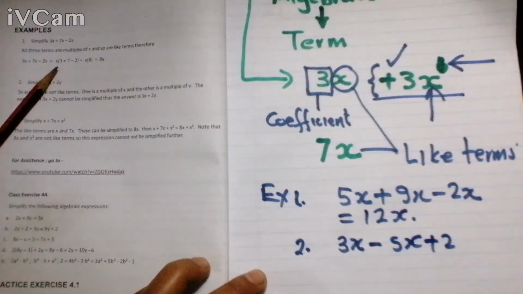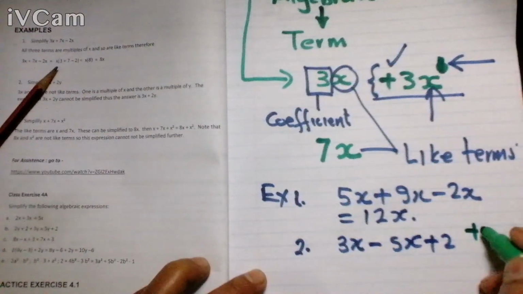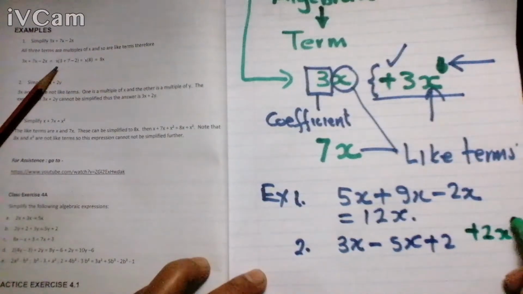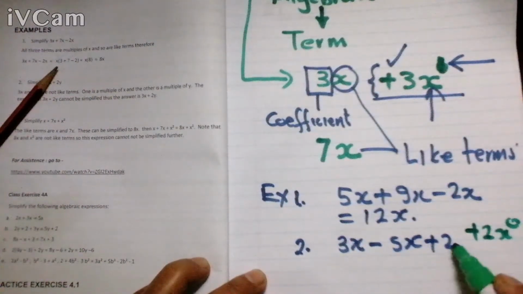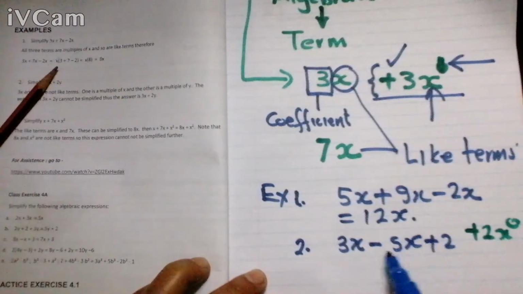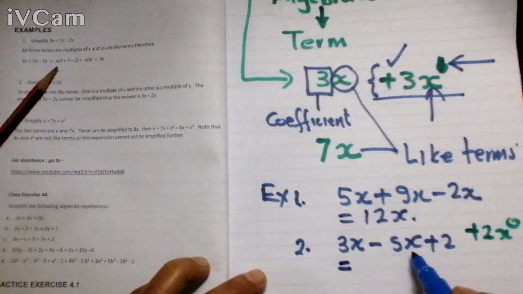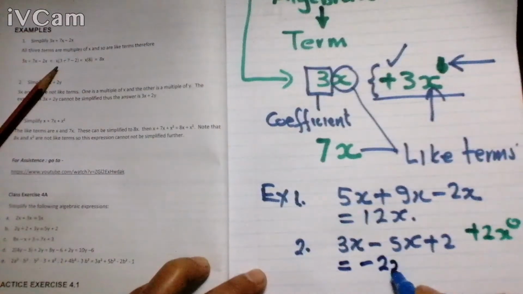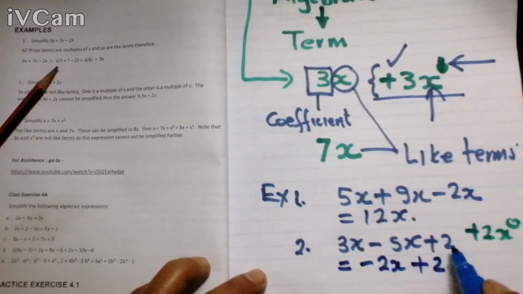In the form of a term, that is really plus 2x to the power naught, because x to the power naught will give you 1. That's how you get your 2. So these are like terms, but this is not like these terms. Therefore, here, if you have to simplify that, 3x minus 5x is minus 2x, and we cannot add those two.